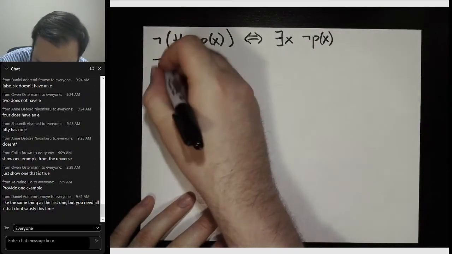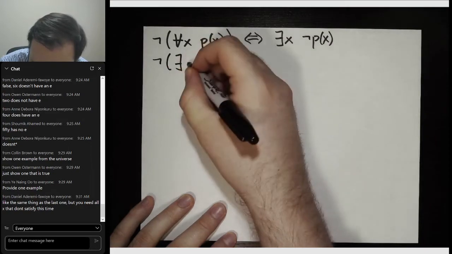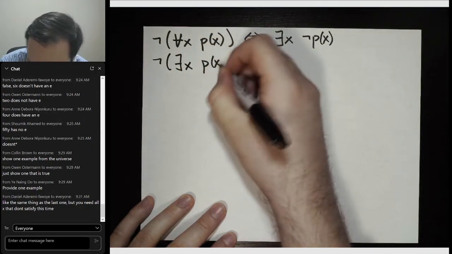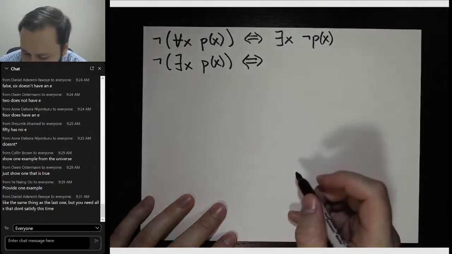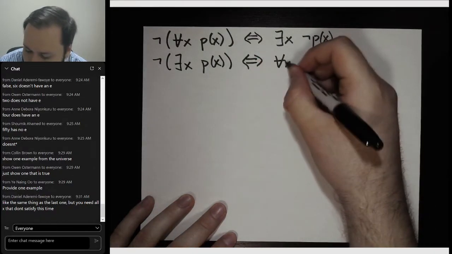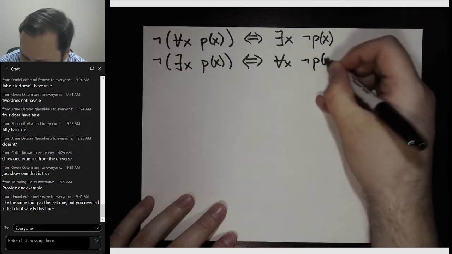And relatedly, the opposite of there exists an x that makes P of x true is logically equivalent to for all x, not P of x.